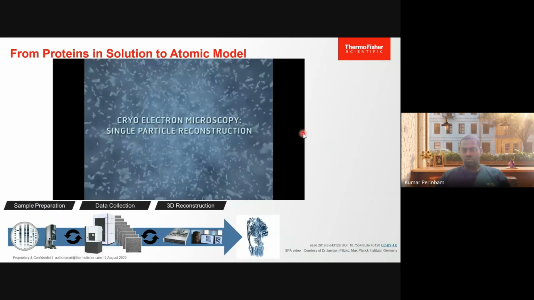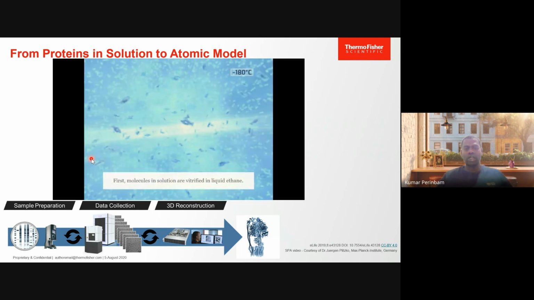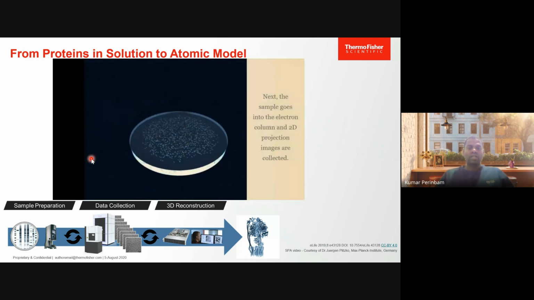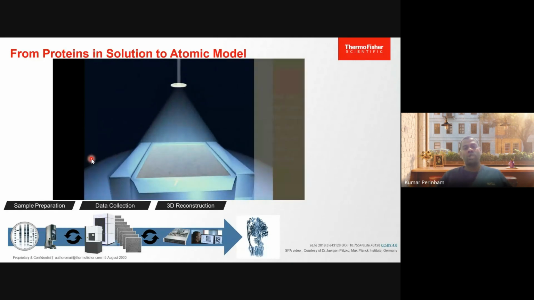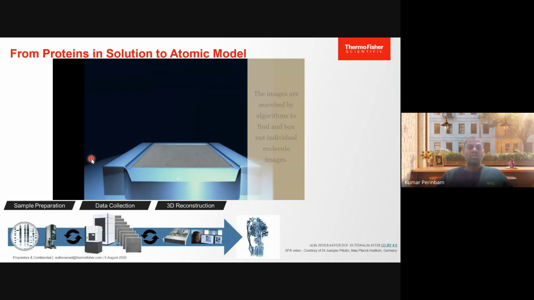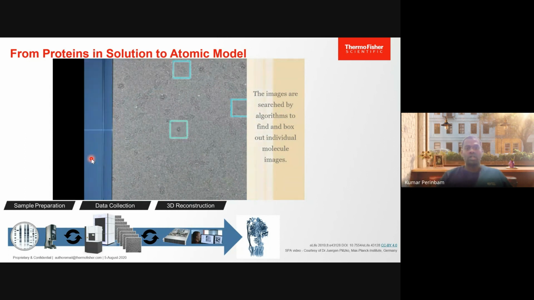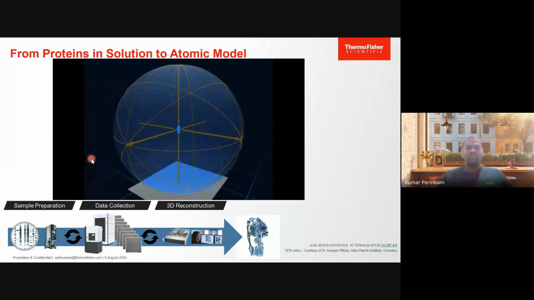This is just a video of how the electron microscope works. The biomolecule is quickly frozen at minus 180 degrees by plunging into ethane, after which we put it in liquid nitrogen. Then the beam of electrons passes through the sample of the protein. You can pick up small particles and see them from the detector.